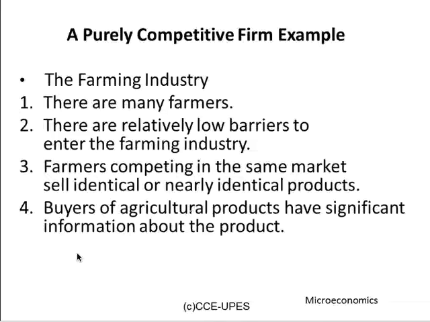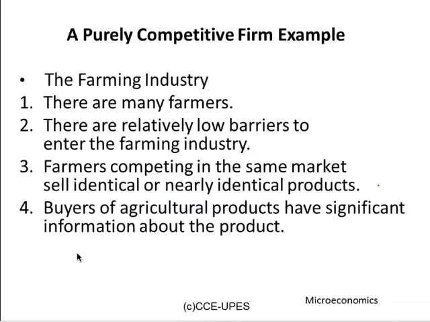And there are no restrictions on who can take up farming if he has a land, and what kind of a crop he is going to grow, depending on the suitability of the land, of course. So farmers are competing in the same market. They are selling the identical or nearly identical product.